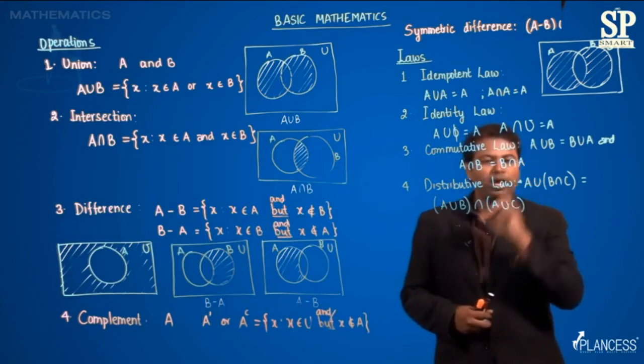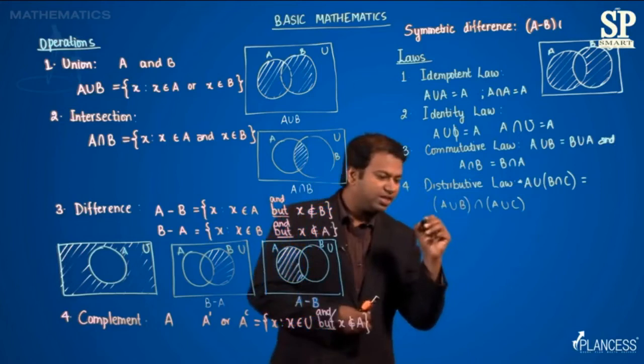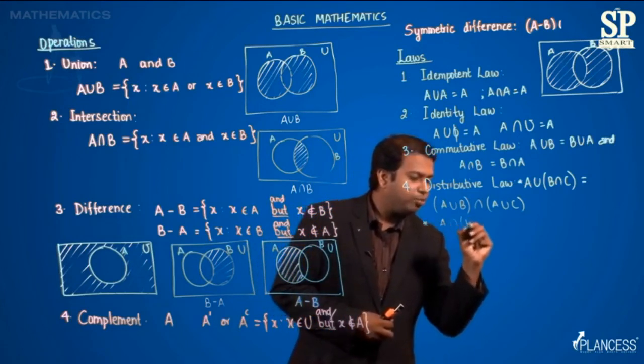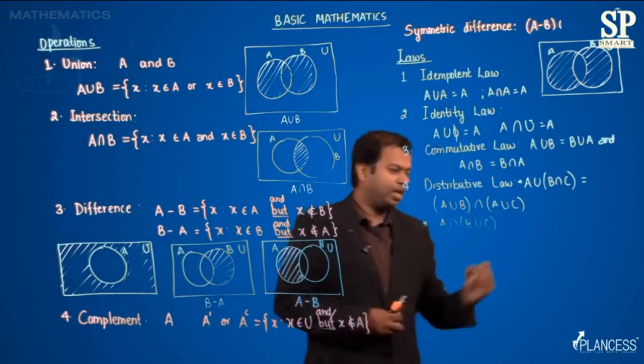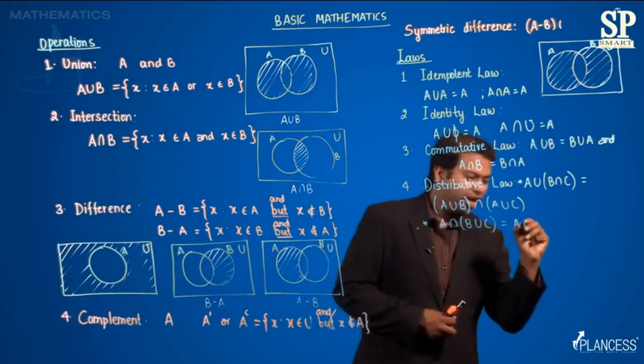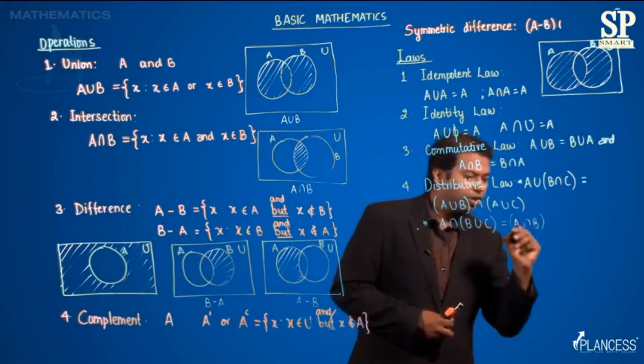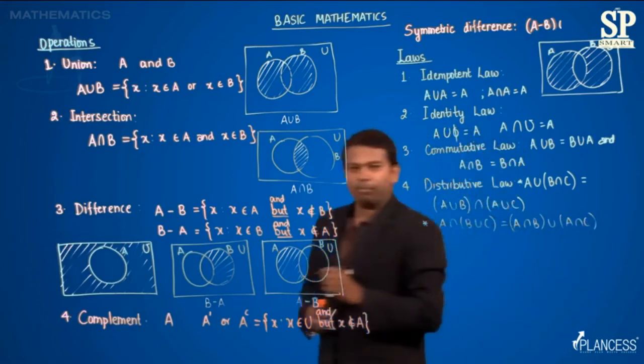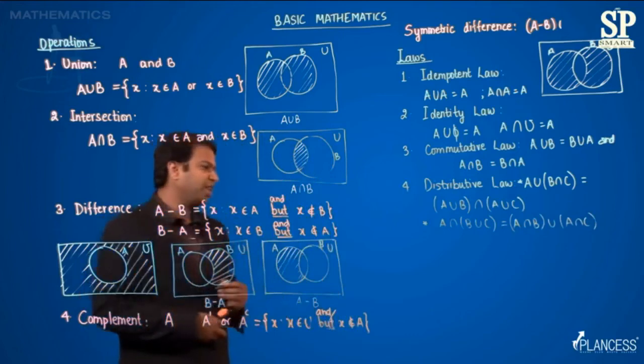So this is one of the distributive laws. Second could be written as A intersection B union C is equal to A intersection B union A intersection C. So this is about the distributive law.